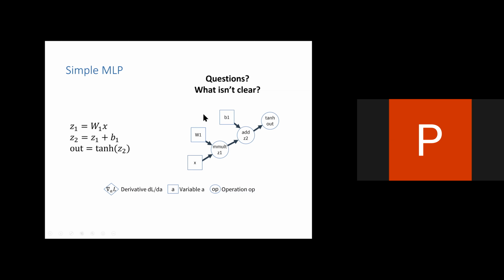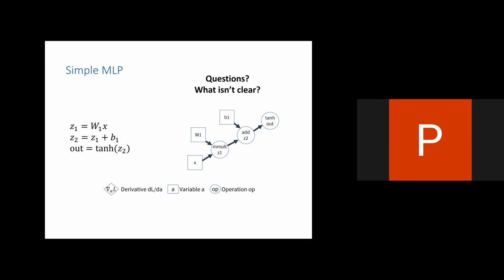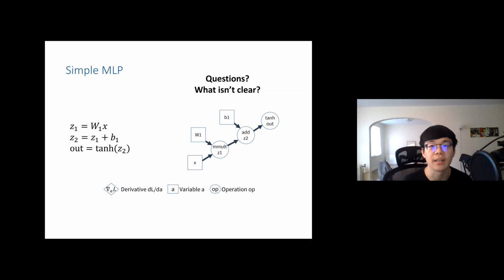Okay, so only the leaf nodes you store. Yeah, things that are leaves and also require a gradient will be stored and updated, but other things will be starting fresh. Okay, thanks. Yep.